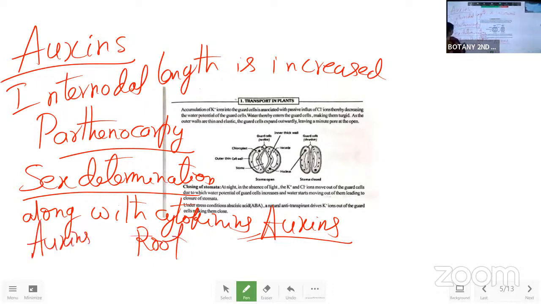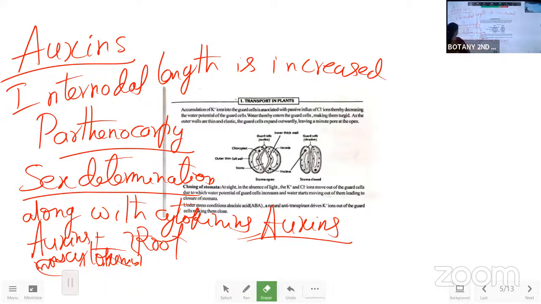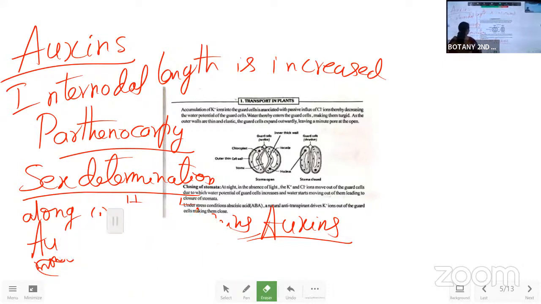Root formation occurs when auxins are more and cytokinins are less. Okay, when cytokinins are more and auxins are less, then it promotes shoot formation in the tissue culture labs.